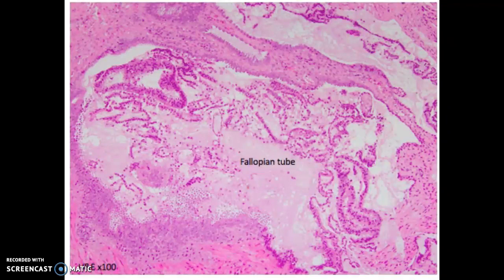So this is a view of the fallopian tube, and it has been disrupted. The epithelium has been sloughing off, and you don't really see a nice surface epithelium here except for the area at the top.